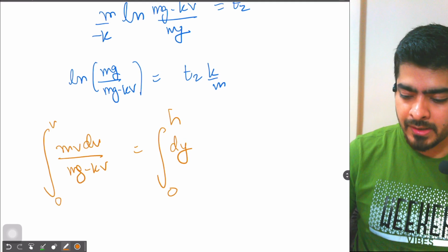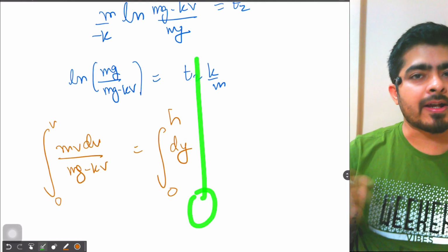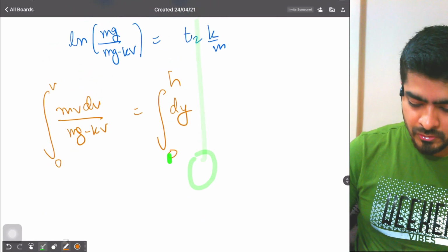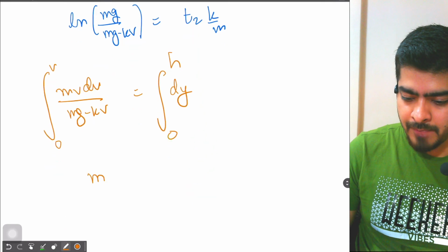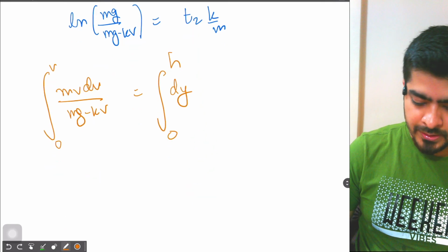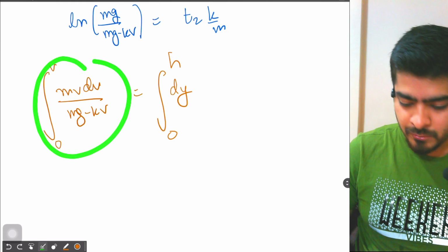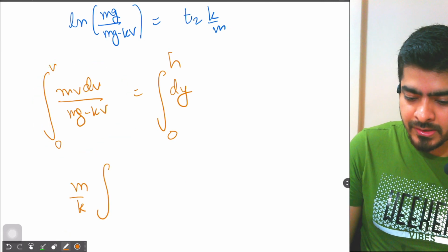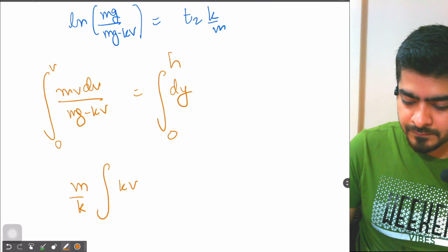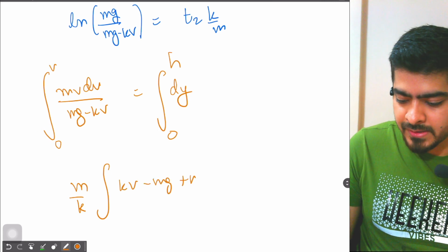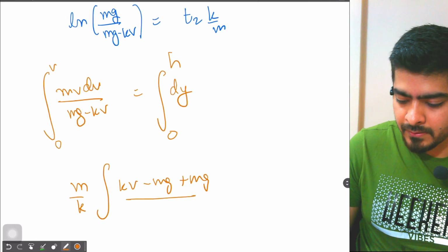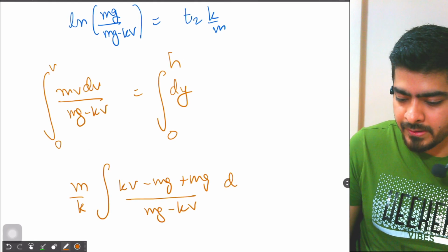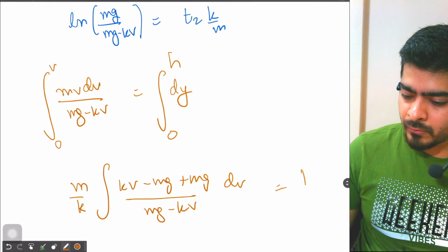Here we are measuring y downwards, so we are again going from 0 to h. So your integration will give you m. Again, how to integrate this part? We have to do the same process that we did earlier. We divide by k and we have integration of (kv minus mg plus mg) divided by (mg minus kv) dv, that is equal to h.